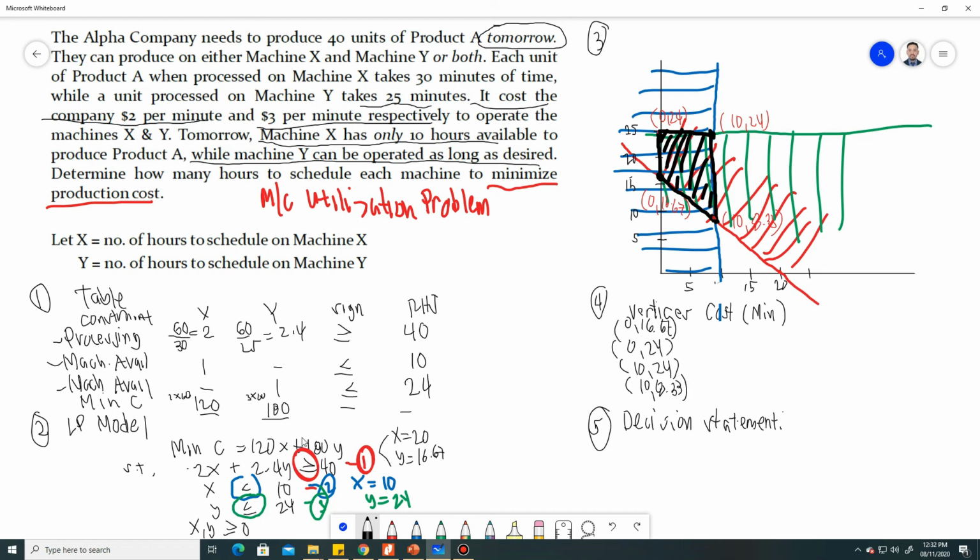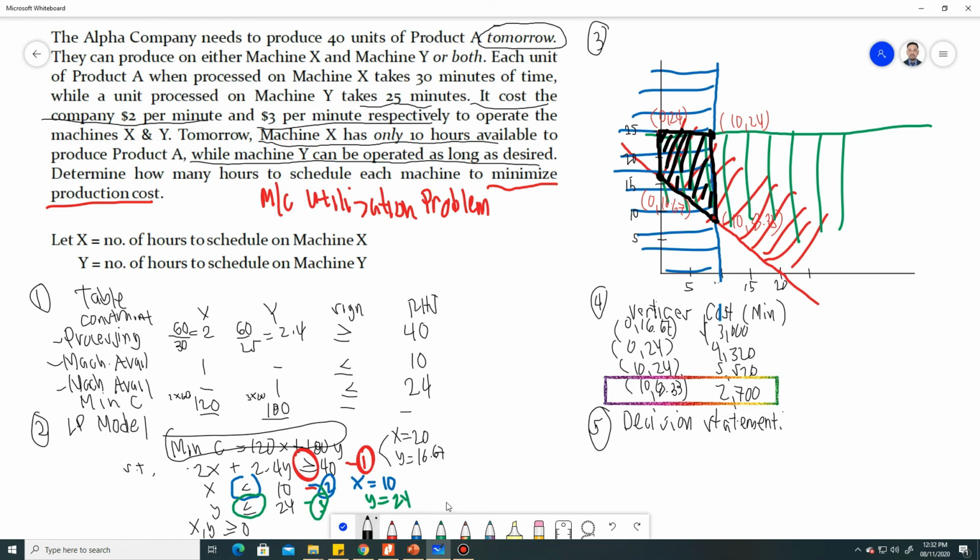So, kung sinubstitute natin yan sa ating objective function, makuha natin dito ay $3,000. Dito naman ay 4,320. Dito sa pangatlo is 5,520. And the last is 2,700. Since our objective is to minimize, so ito ang pinakamaliit na value. Okay?